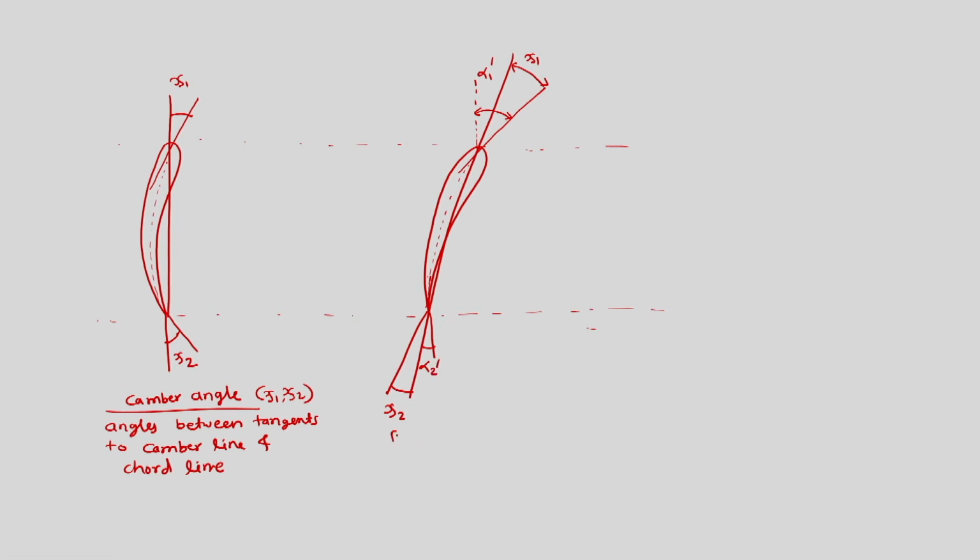So this is blade angle, which are alpha 1 dash and alpha 2 dash, angles between axial direction and tangent to camber line.